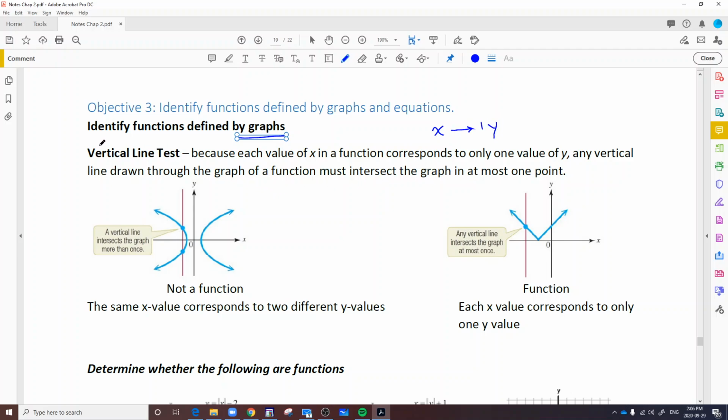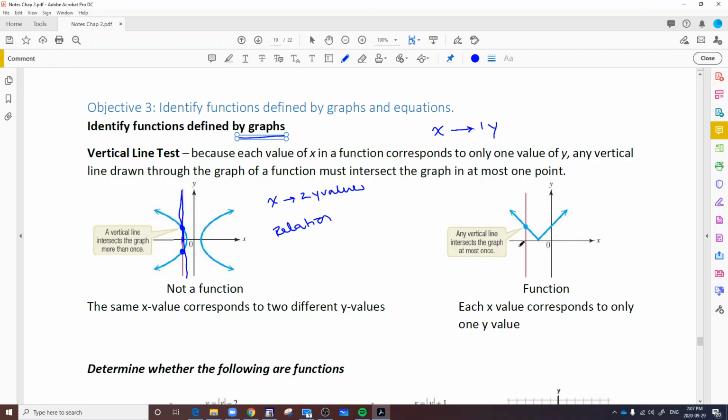So if we do something called a vertical test, that will check if an x value has more than one y value. So if we pick a random x value like this one here, I don't even know what this is, but let's say it's -2, and I drew a vertical line through -2. What I want you to notice is that it crosses your graph twice. So your x value would correspond to 2 y values. Therefore, this would not be a function. This would be a relation. So we would say that this fails the vertical line test.